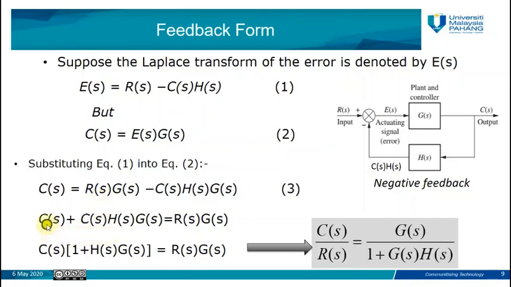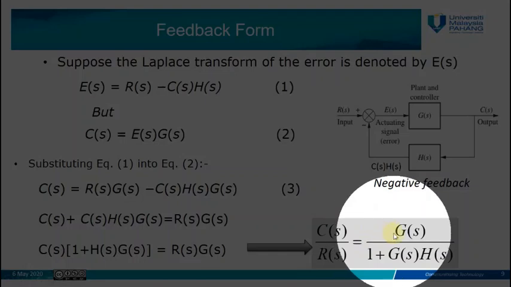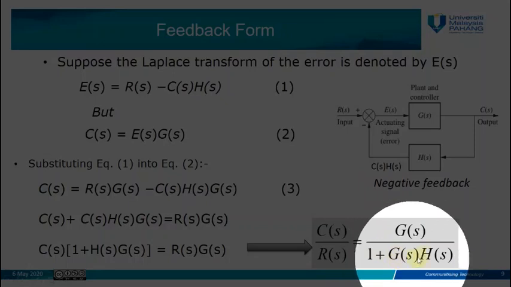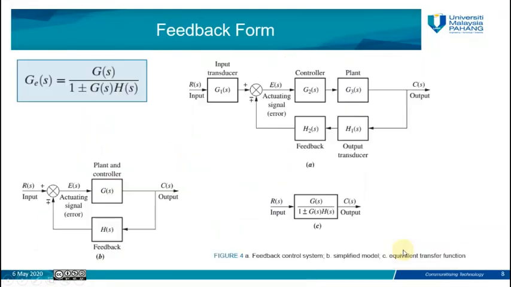Now we take CS as a common factor, and we have 1 plus HS GS, which equals RS GS. This gives CS over RS equals GS over 1 plus GS HS, that means we divide by RS on the left side, and on the right side we have GS divided by 1 plus GS HS. So this equivalent transfer function, GS over 1 plus GS HS, is the same as what we showed in the previous slide.